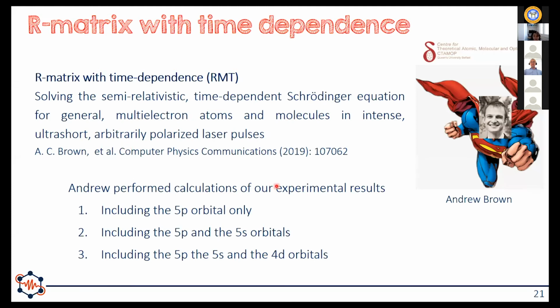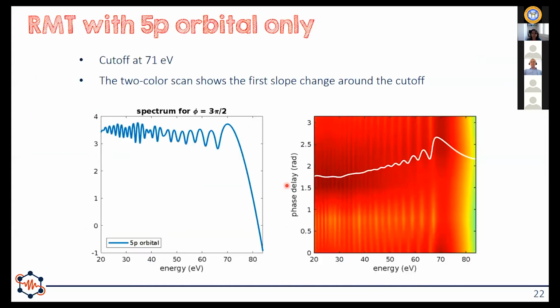And he did perform calculations in 3 conditions: including only the 5p orbital, including the 5p and 5s orbitals, and including the 5p, 5s and 4d orbitals. And now I will show you the results that he got.